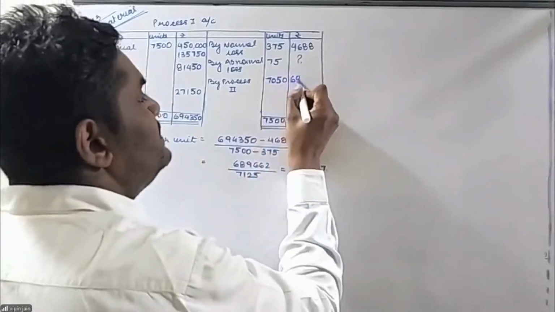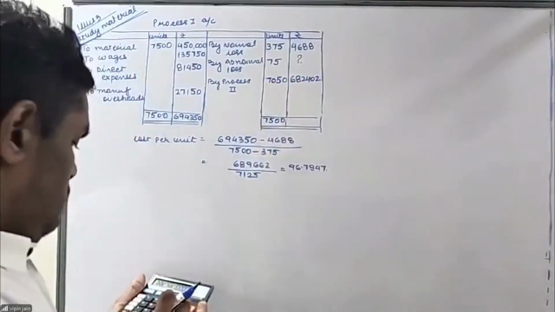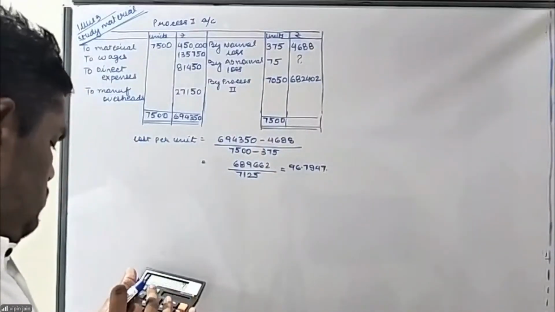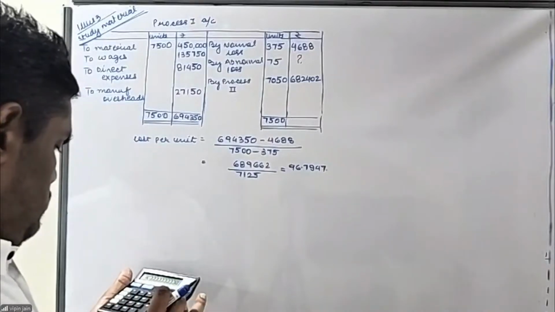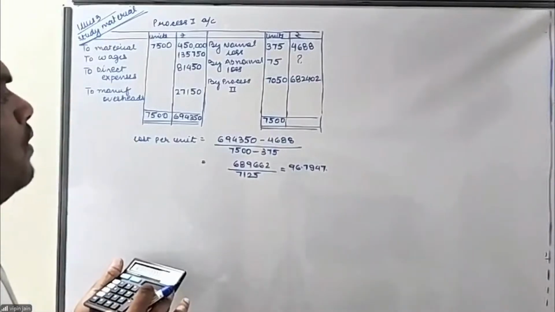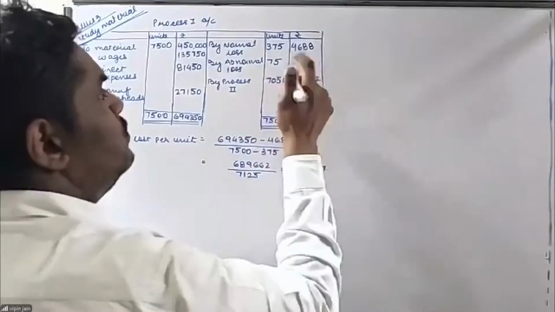So this will be 682,402. This will be 7,260.